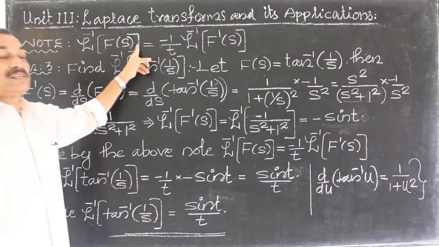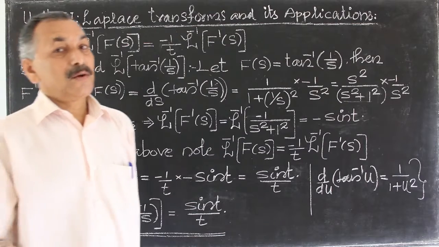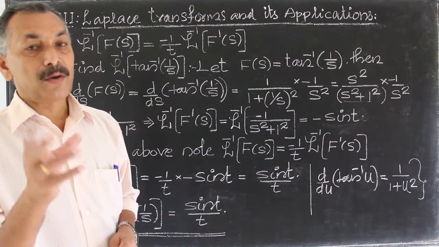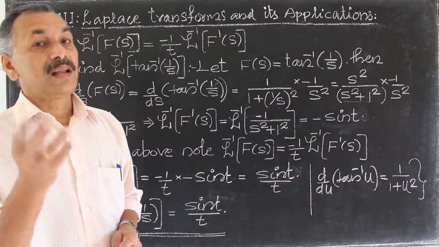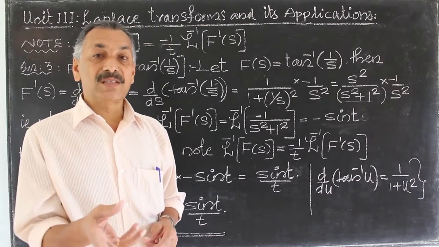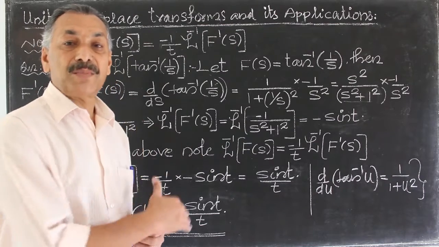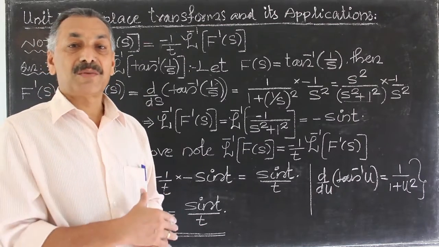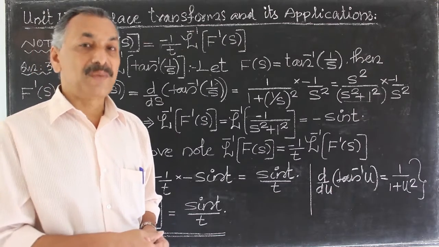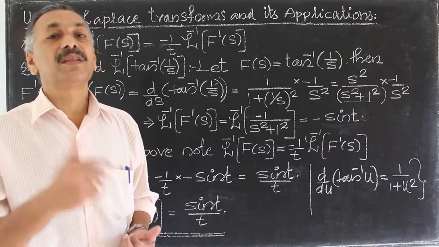L inverse of f of s is equal to minus 1 by t into L inverse of f dash s. This property we apply to find the Laplace inverse of problems involving logarithmic functions and inverse trigonometric functions, such as tan inverse 1 by s, sin inverse 1 by s, cos inverse 1 by s, cot inverse x, and also logarithmic functions like log of s plus 1 divided by s minus 1, and log 1 divided by s.